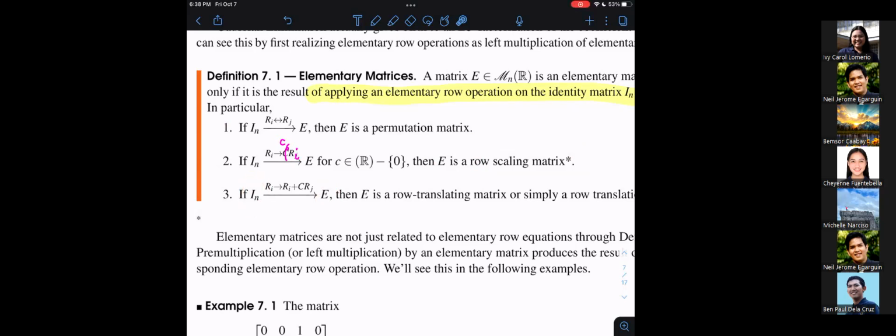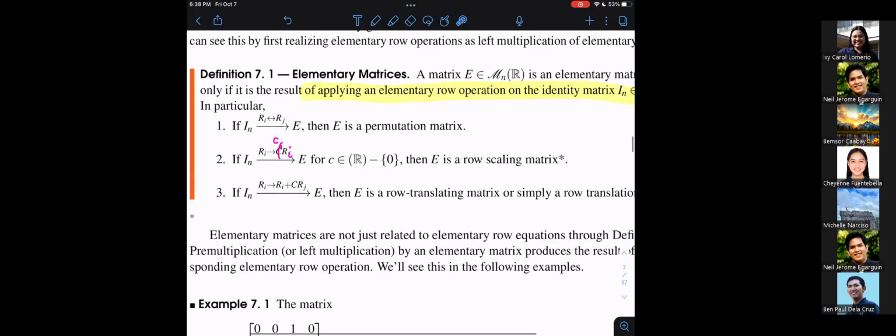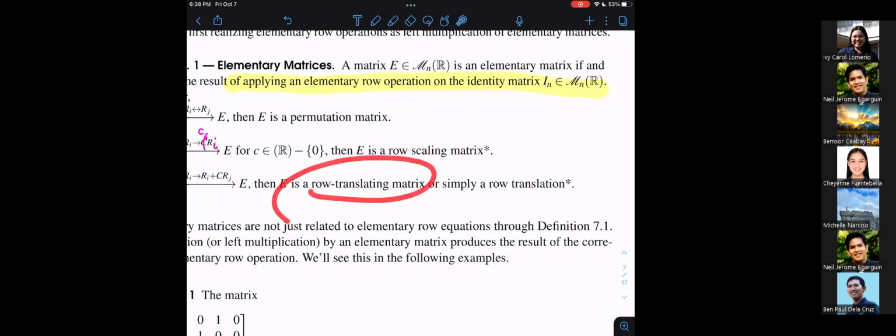So if you replace the ith row of the identity matrix by the ith row plus a scalar multiple of the jth row, then we get an elementary matrix. And to have an easy reference to such elementary matrices, tawagin natin silang row translating matrix or row translator.